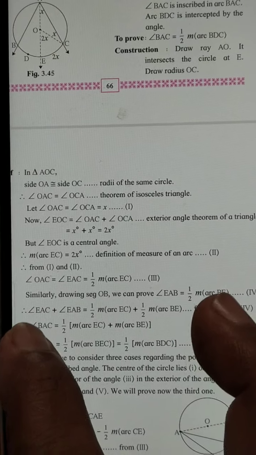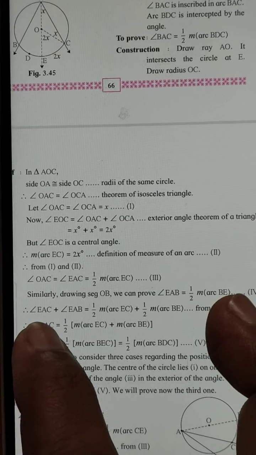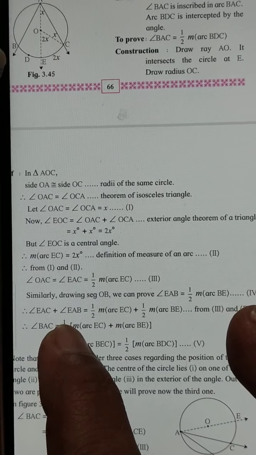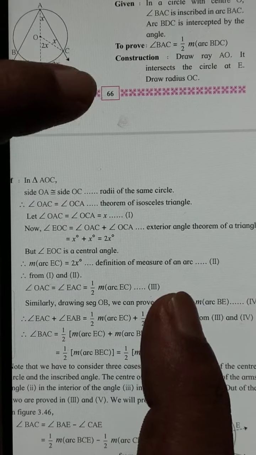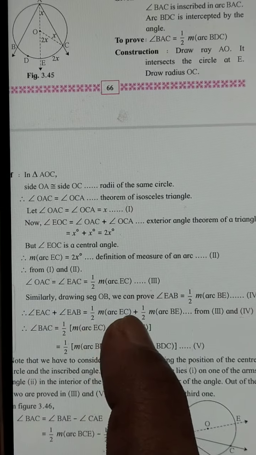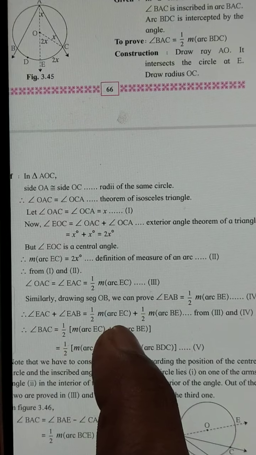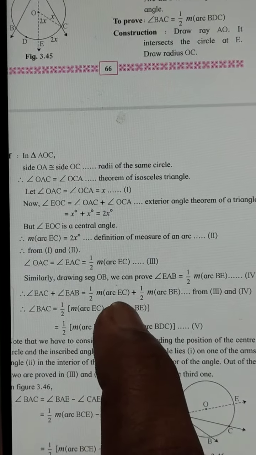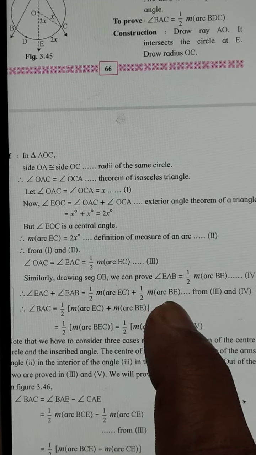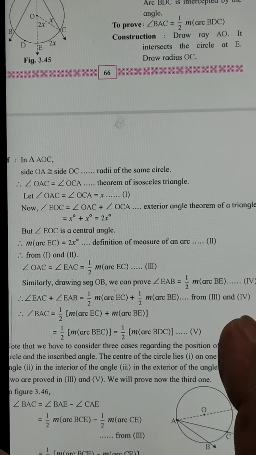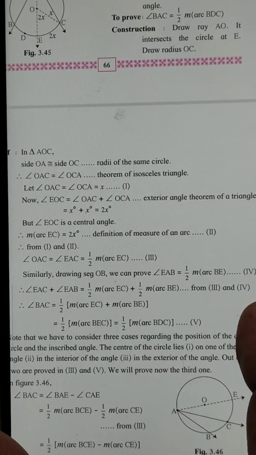Angle EAC plus angle EAB is equal to half the measure of arc EC plus half the measure of arc BE. Here the reason is from 3 and 4.